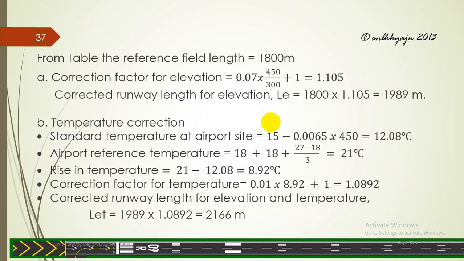That is why at the elevation of 450 meters the standard airport reference temperature has to be calculated, as 15 minus 0.0065 into 450, which is 12.08 degrees Celsius.